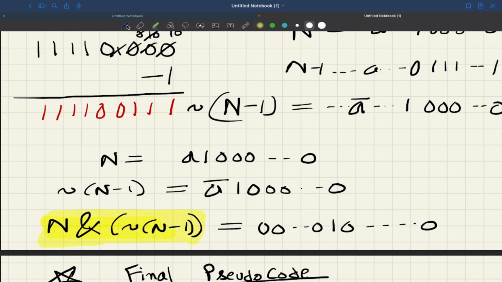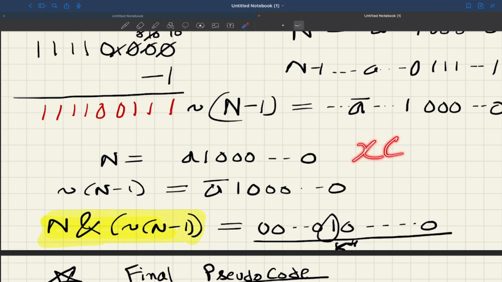Now this will act as a mask to check whether any number has the kth bit set or not. We know that this, let's say, is at index k, and the kth bit is set. So if I take AND of any number, let's say this number x, with this value, which I'm calling mask: if in this x the kth bit is set, I will get a non-zero result.